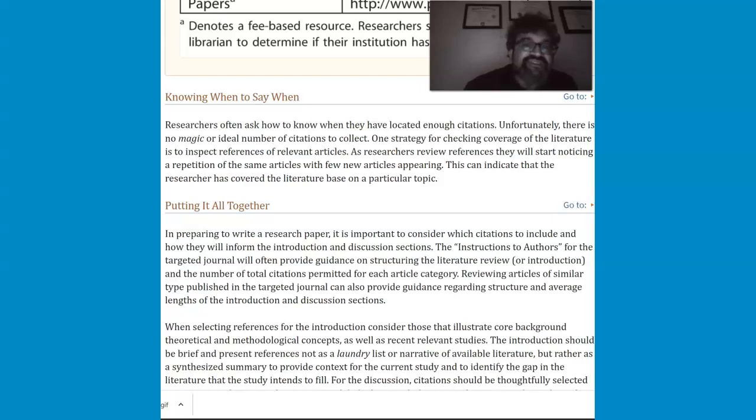So if similar articles to your research idea have covered similar articles, then you know you're on the right track. As researchers review references, they will start noticing a repetition of the same articles with few new articles appearing. This can indicate that the researcher has covered the literature on a particular topic.